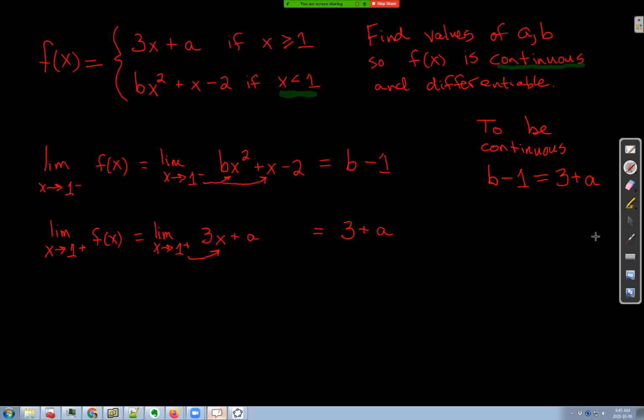Now, we're not done. This is definitely good information, but it's not enough to finish the problem because it's a single equation with 2 unknowns.